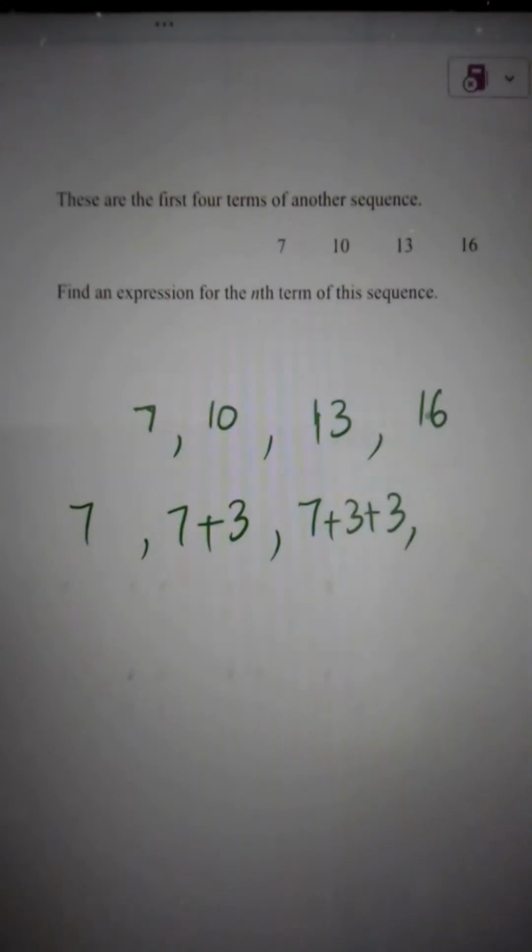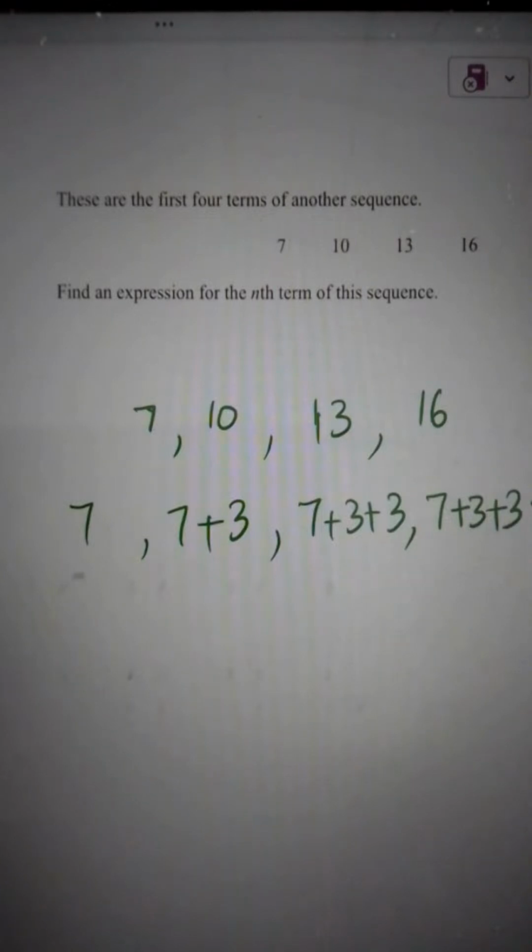In order to find the general term, we will have to make a pattern which is similar in all terms, visible in all terms. So 16 can be written as 7 plus 3 plus 3 plus 3. We know that 7 plus 3 is 10, plus 3 is 13, plus 3 is 16.